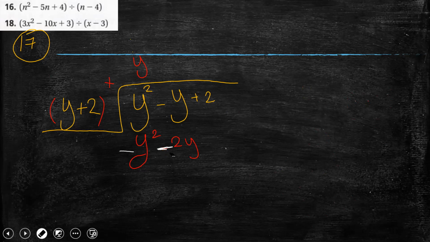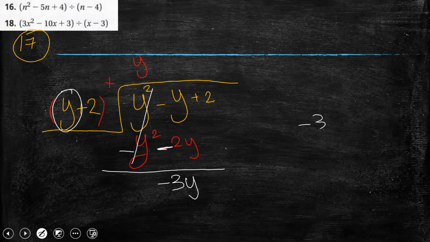y squared minus y squared, they cancel each other, and negative y minus 2y. Let's take 1y here, and negative 1 minus 2. When you add numbers with the same sign, you add them and keep the sign. So you have negative 3y. Then negative 3y, let's divide it by y only. What did you get?